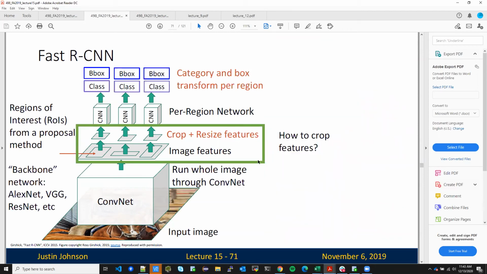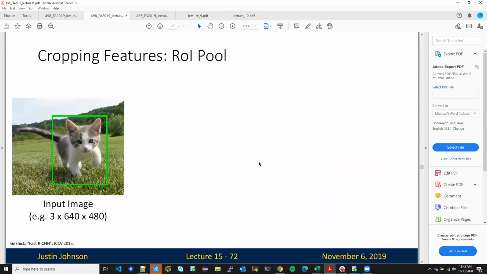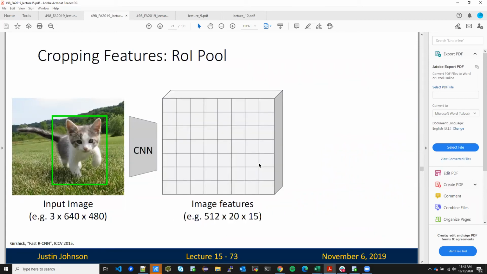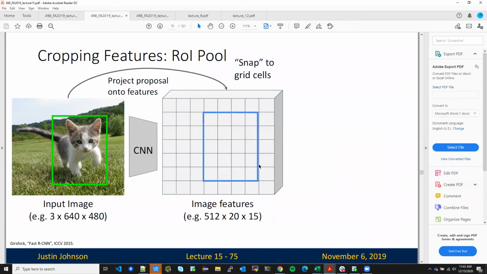You get into some hairy details here about how to, because now you are in the CNN feature space. So there are some details. I'll skip this part.